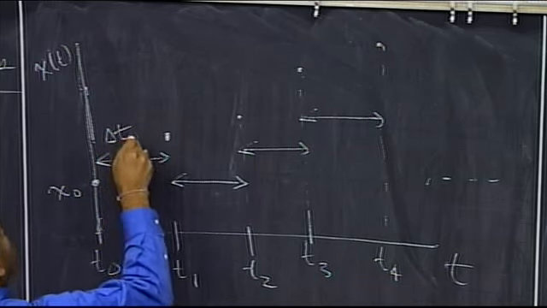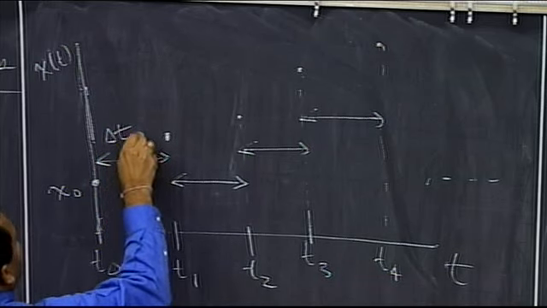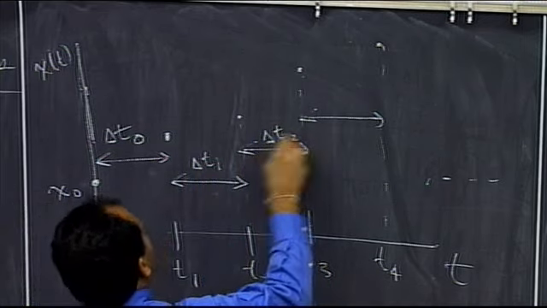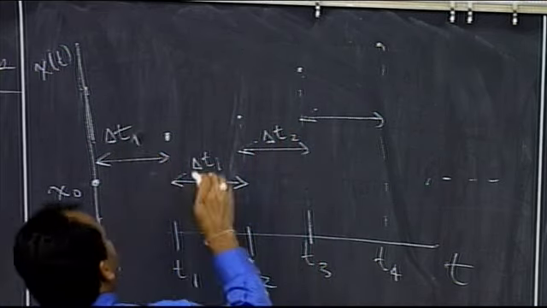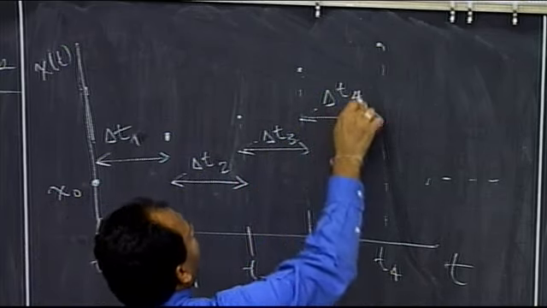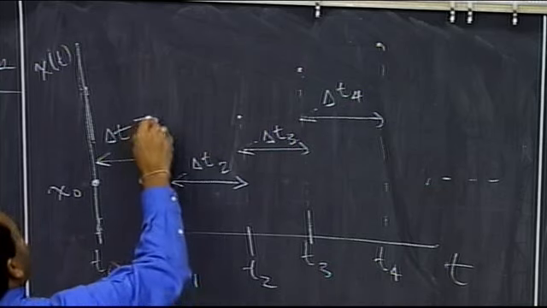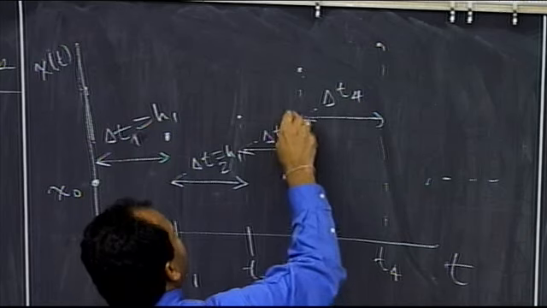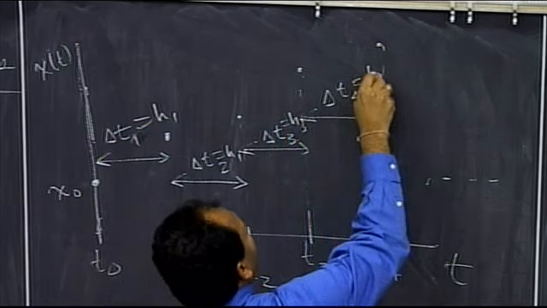You could say delta t1 for the first step, second step, third step, and the fourth step, and so on. Normally we abbreviate these by just h1, h2, h3, h4.